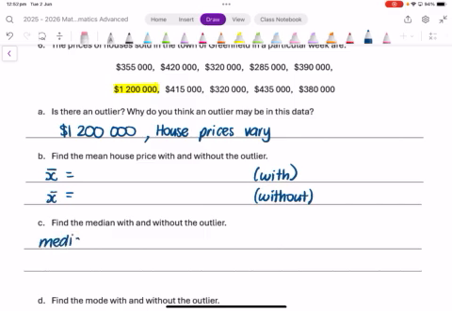So the median is your Q2 on your calculator. You can put it in first and then take it out, or you can do it the other way around. Your median should be your Q2 value when it comes up on the screen.